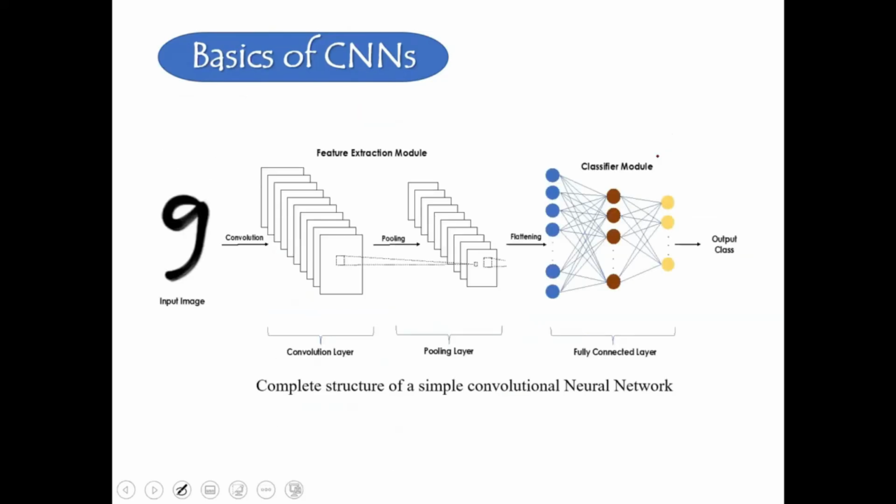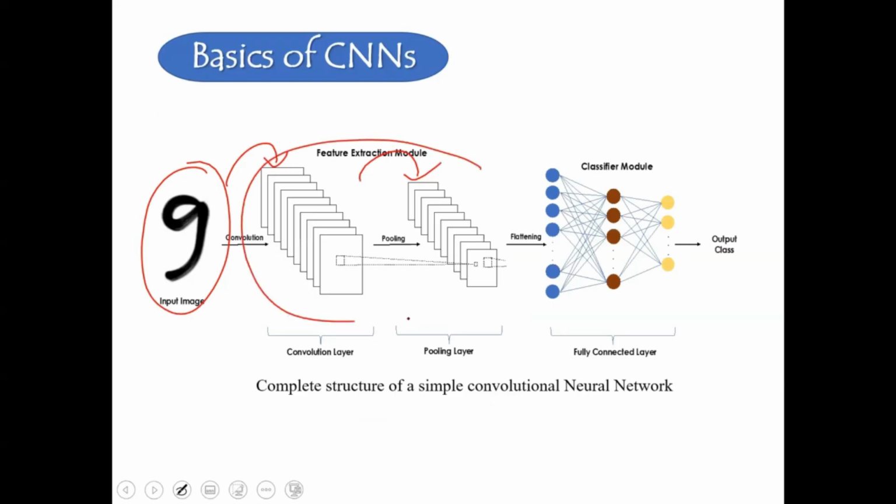So this is the overall view of the convolutional neural network. We receive the image, then we apply a convolution layer to extract some features from this image, and then we apply pooling that will drastically reduce the spatial resolution of the image while keeping the information, without losing any information.